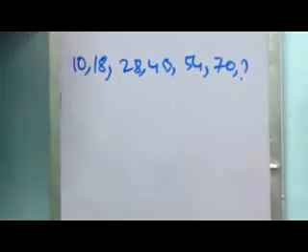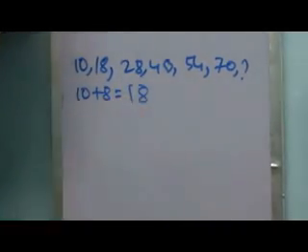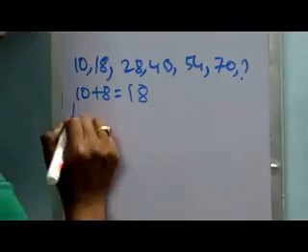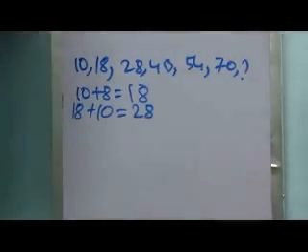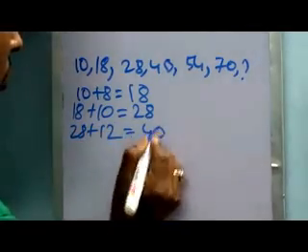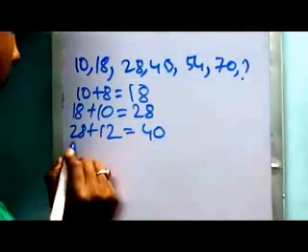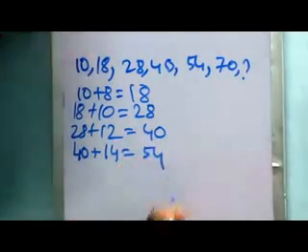From LHS to RHS, 10 plus 8 equal to 18. 18 plus 10 equal to 28. 28 plus 12 equal to 40. 40 plus 14 equal to 54.